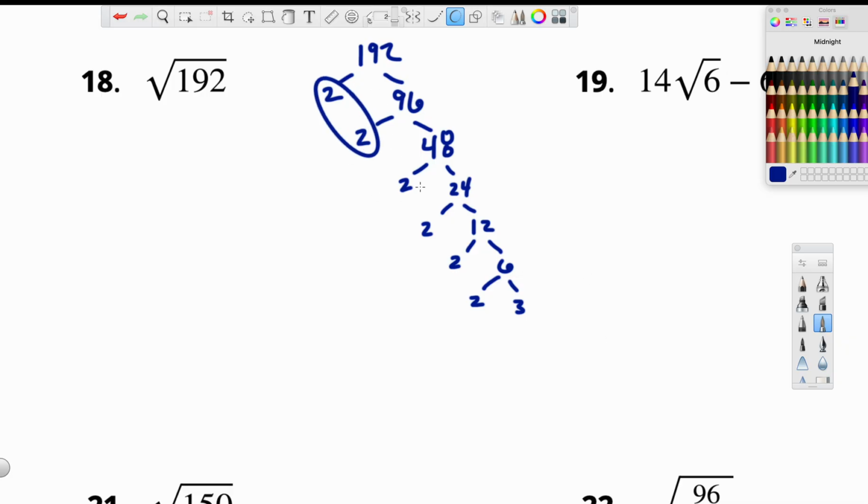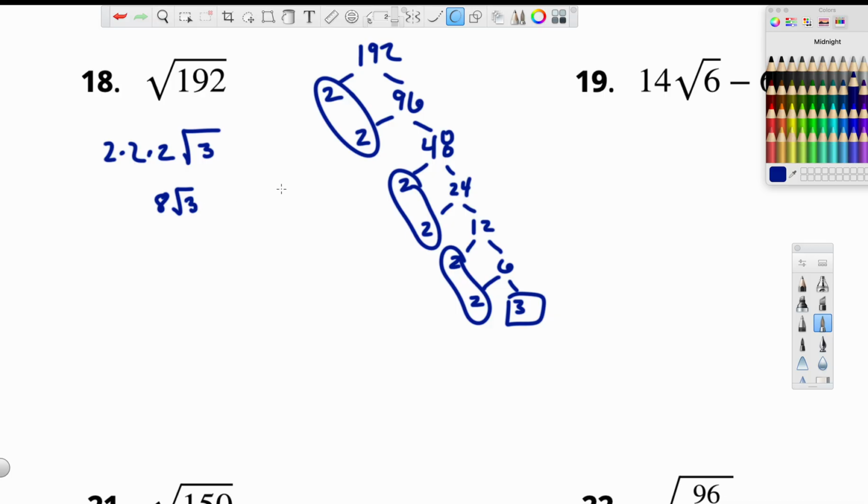So a pair of 2's there, and there, and there. Have an odd 3. So that means that 2 comes out, this 2 comes out, this 2 comes out, and the odd 3 has no pair, so it stays in. 2 times 2 times 2 is 8, root 3.